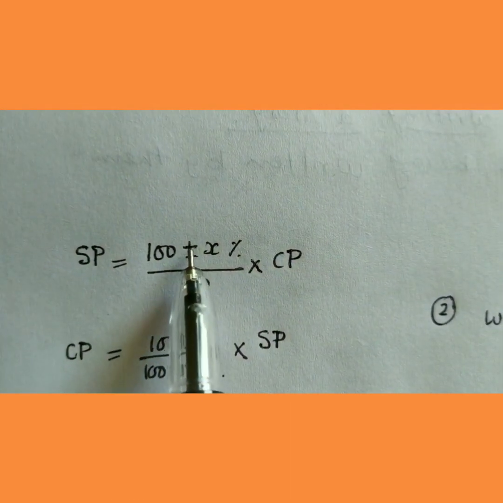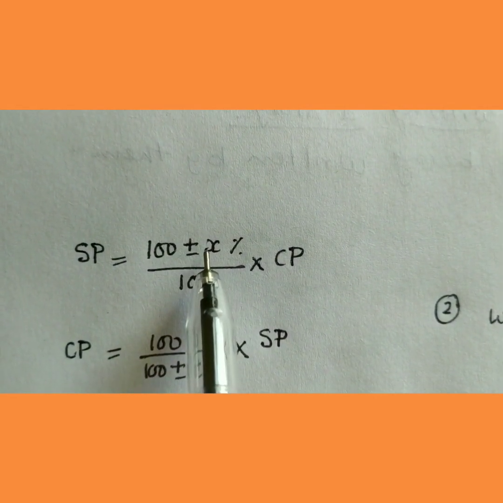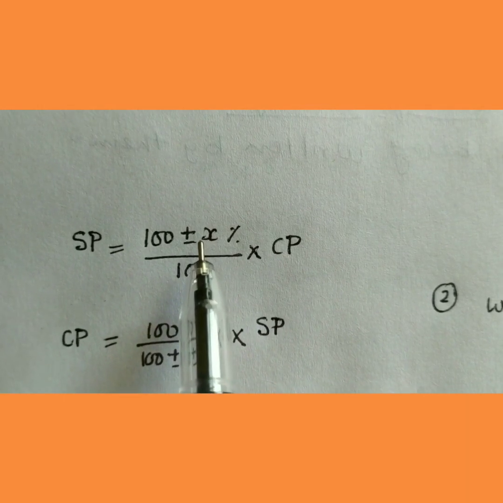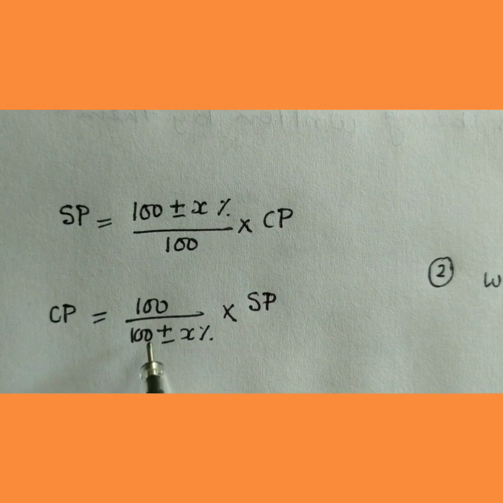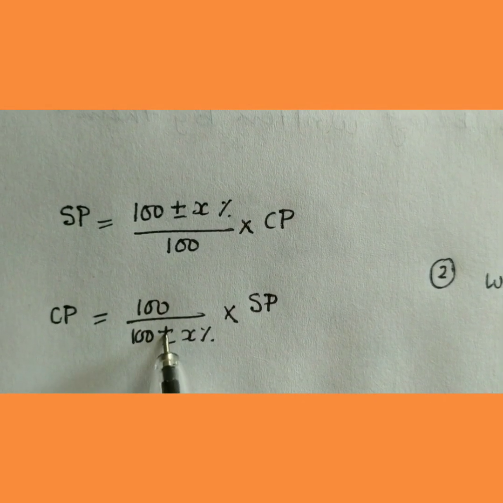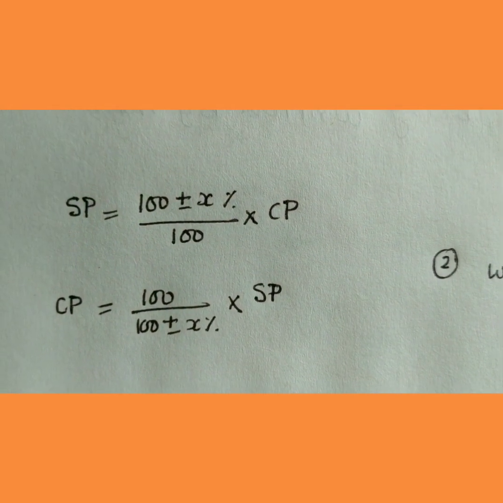When profit is given, you can write plus X. When loss is given, you have to write minus X, where X is the profit percent or the loss percent. Similarly, here also 100 by 100 plus, plus means profit and minus means loss. So you can apply this formula too.